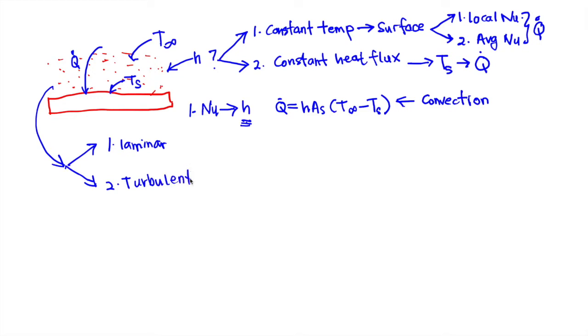What is important about these two is that each type of flow has a different equation you have to use in order to determine the value of H. That is what you're going to learn today.